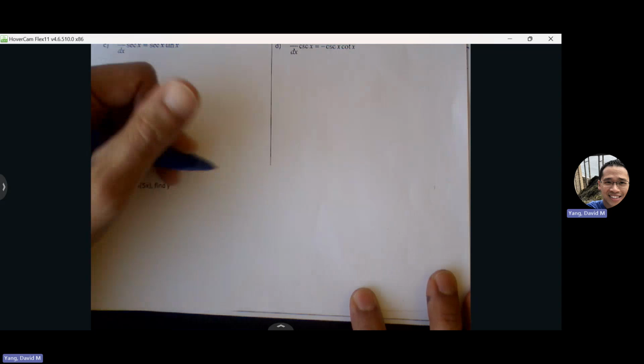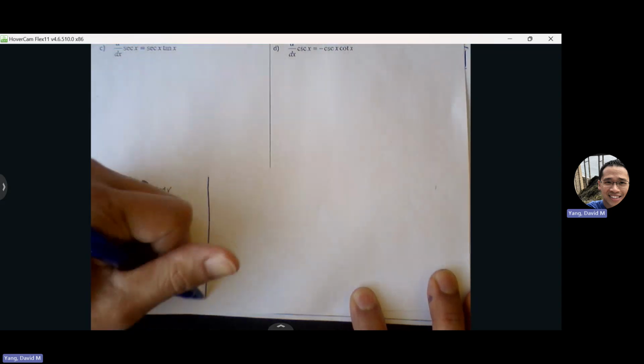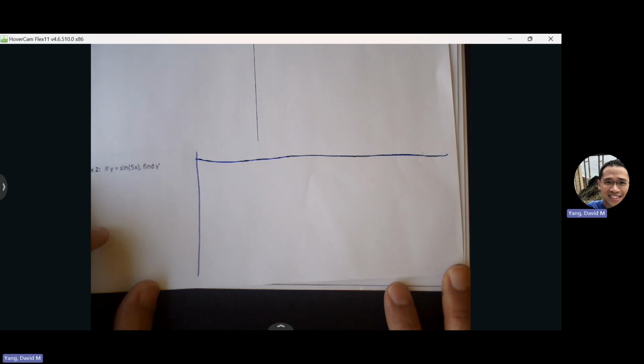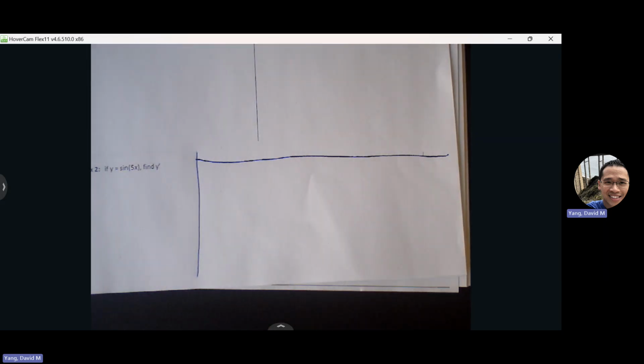I'm going to use the space here next to example 2. Example 2 is not going to require a whole lot of space, so I want to use this space in the bottom corner to organize these functions in specific ways so that you can have an easier time memorizing all these derivatives.